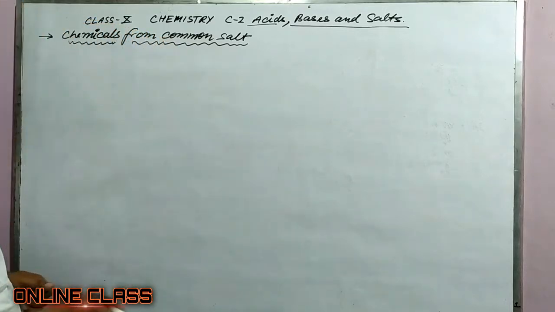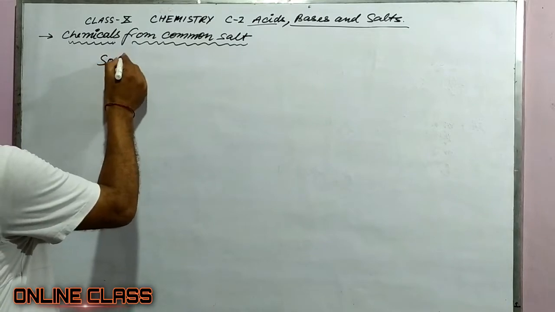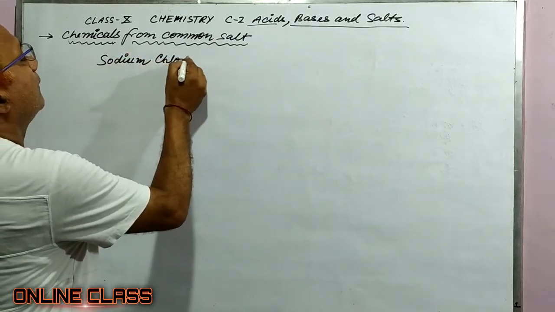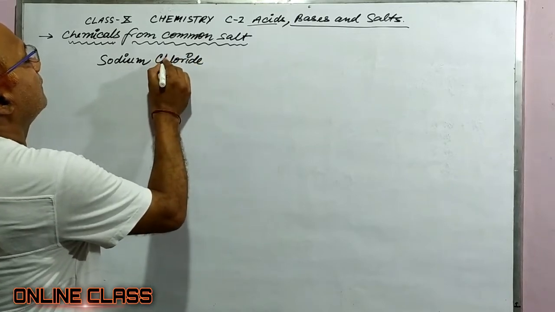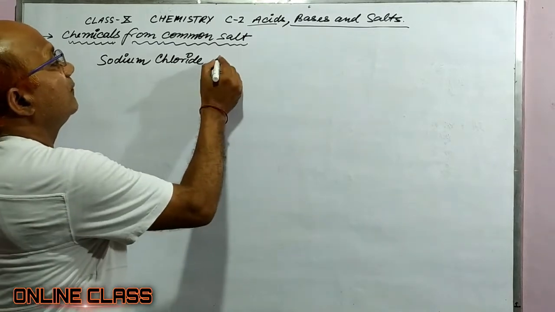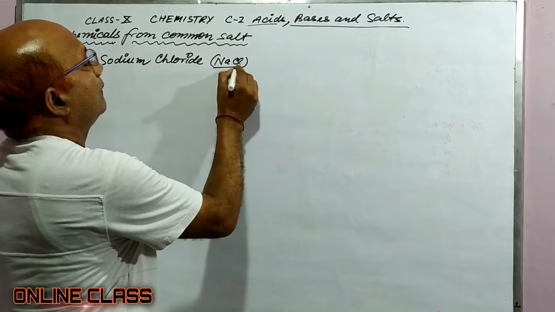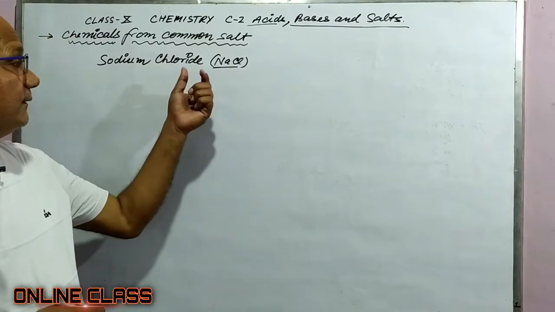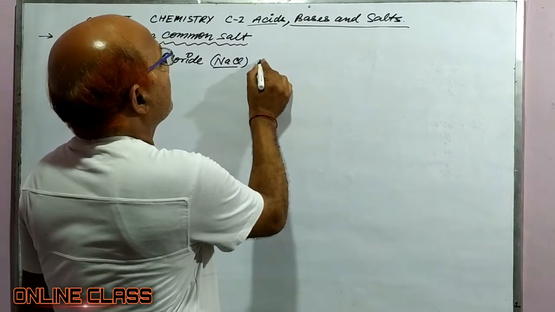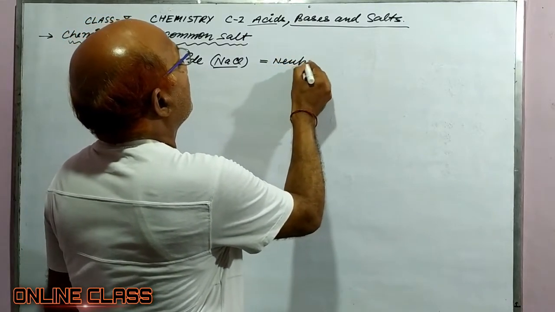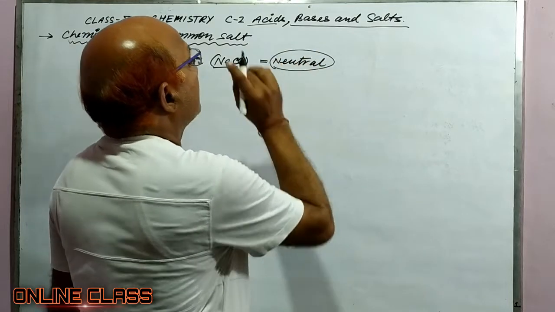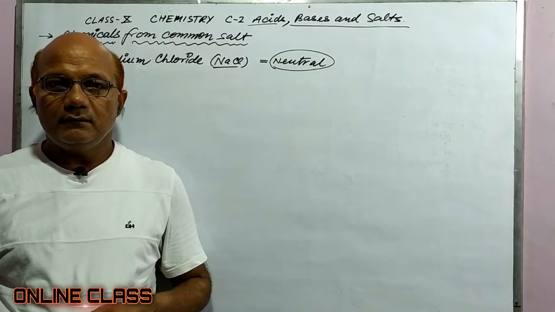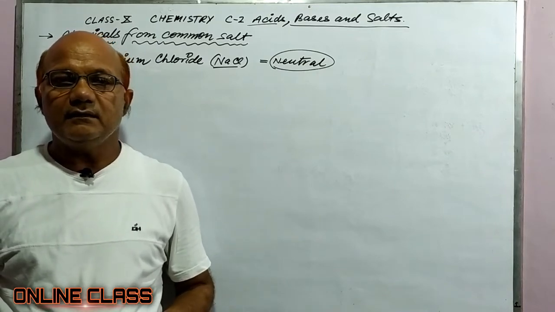This is, as you know, sodium chloride, this is common salt, and it is recovered from seawater, and as you know, this salt is neutral in nature, and it is important raw material in the preparation of many chemicals.